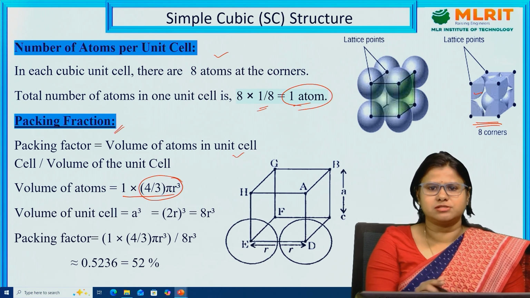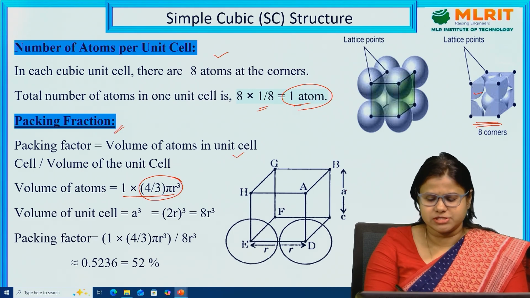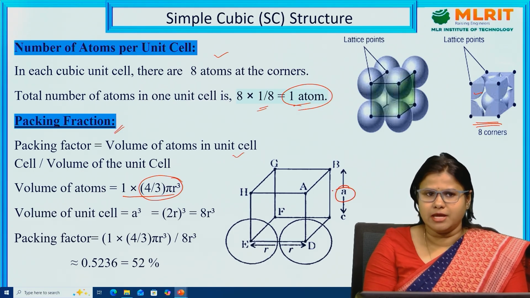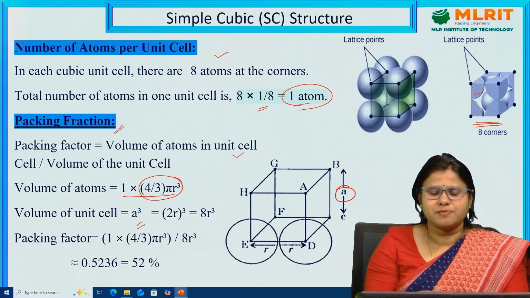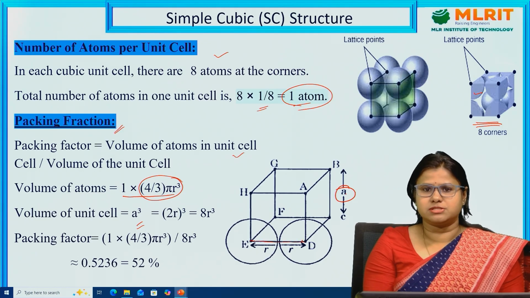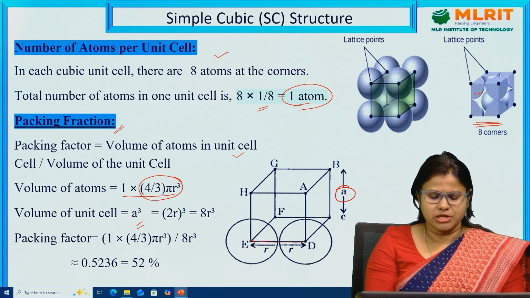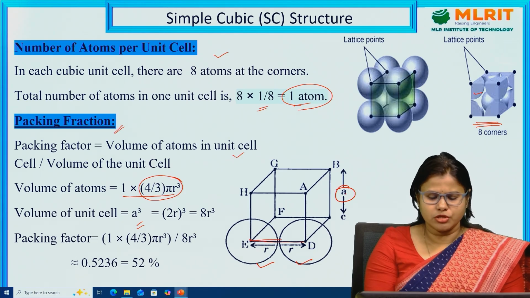Then what about the unit cell? The unit cell is in the shape of a cube with side length A. That's why the volume of the unit cell is A cube. Let's find the relation between A and R. If we consider one edge of this unit cell, we can see there are 2 atoms, and the total edge length A is covered by 2 atoms.